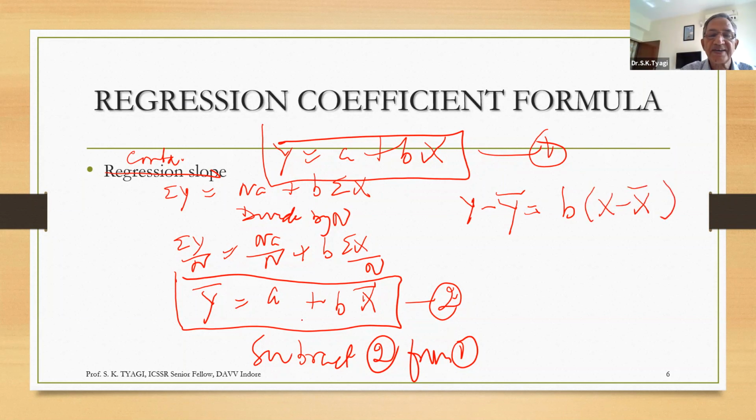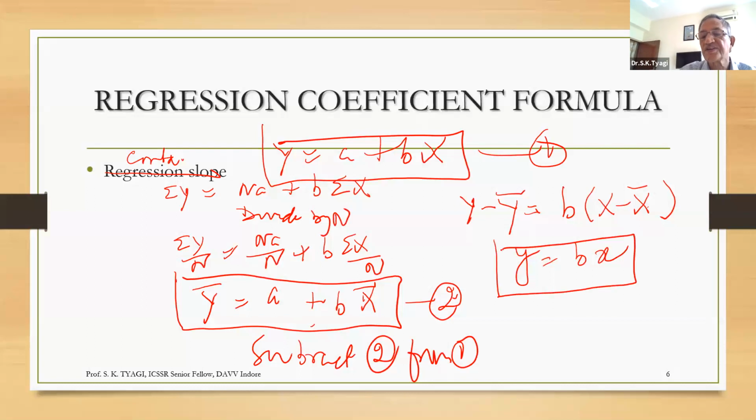So after subtracting, we get y minus y bar is equal to b into x minus x bar. This is nothing but small y, deviation from mean, and this is small x. So this is the equation in deviation form.